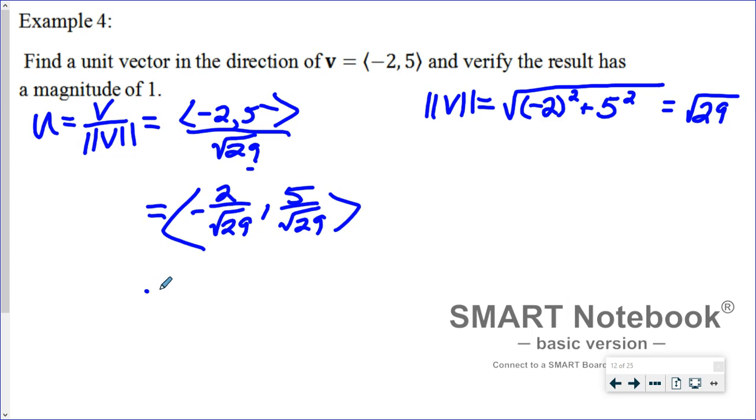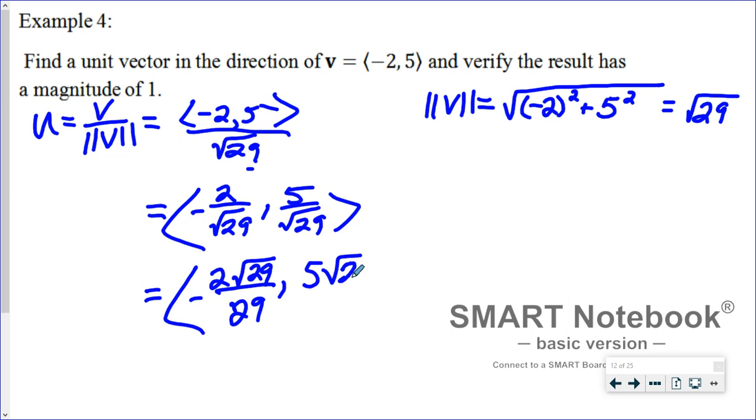Of course, you could rationalize this. I'm not overly concerned with that, but just for explanation purposes. Okay, so there's our unit vector.